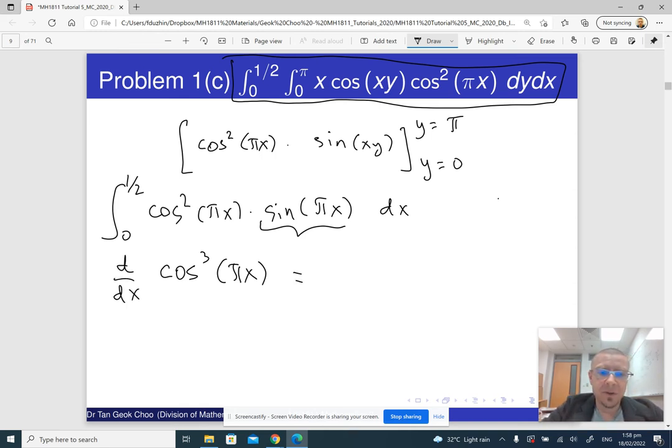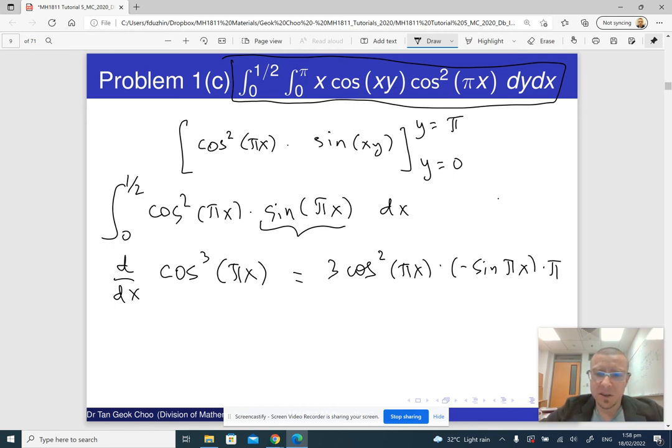And the derivative of this is going to be 3 cosine square of pi x times minus sine pi x times pi, right?